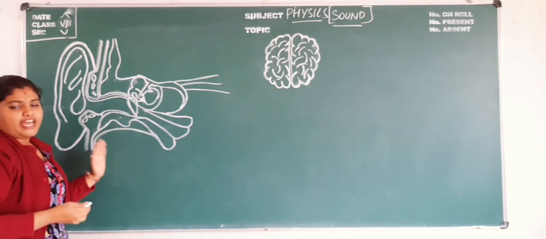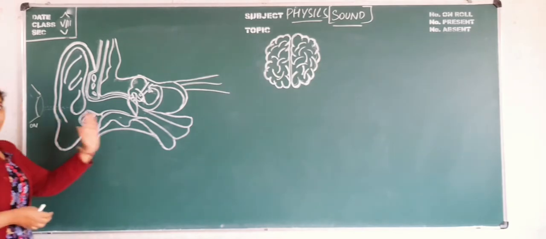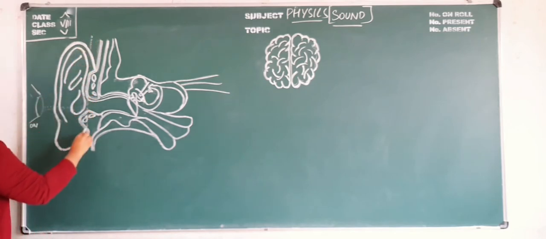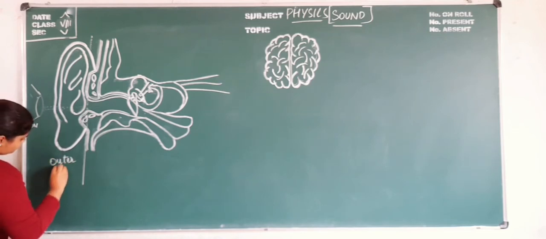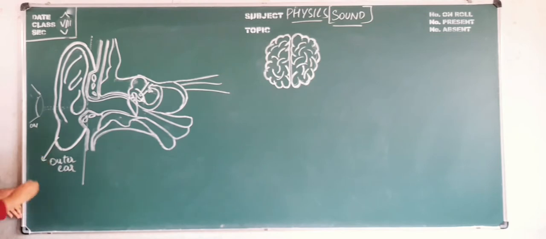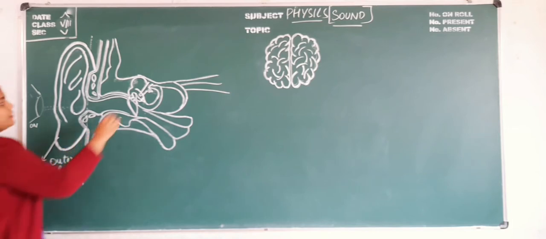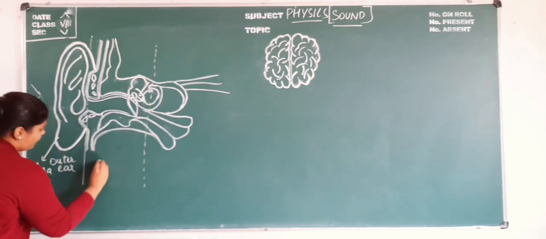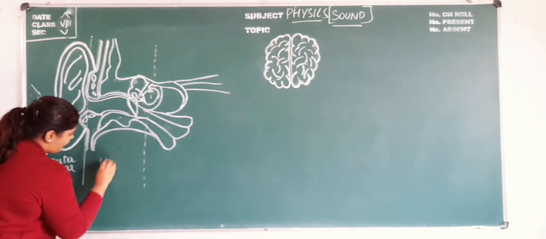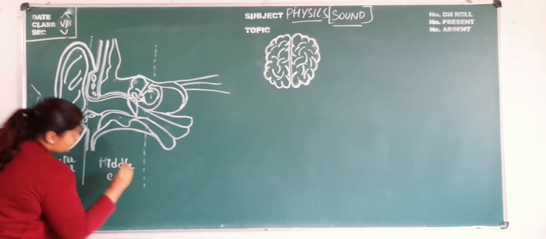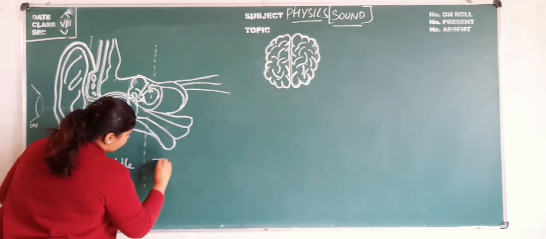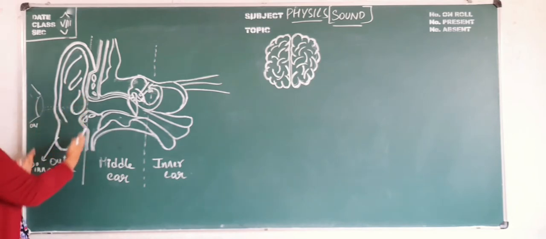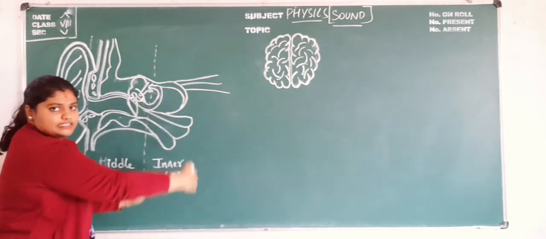As you know, the human ear can be divided into three parts: the outer ear, the middle ear and the inner ear. The outer ear is also called the pinna, P-I-N-N-A, and this part is called the middle ear, and this part is called the inner ear.